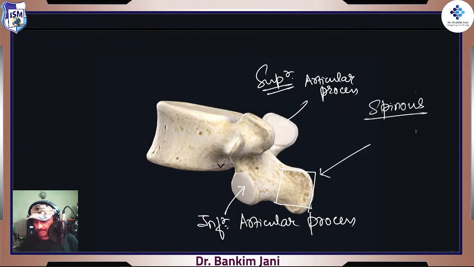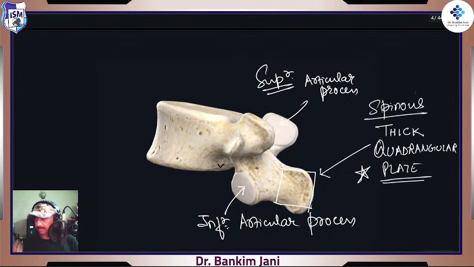Now over here, the classical word is that it is a thick quadrangular plate, four sides, right? So this is a big thing which we must remember. It will come, just wait for some time.